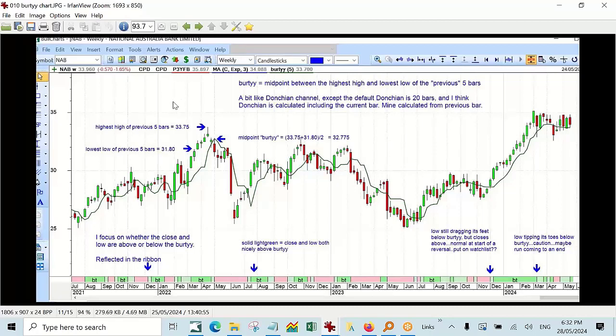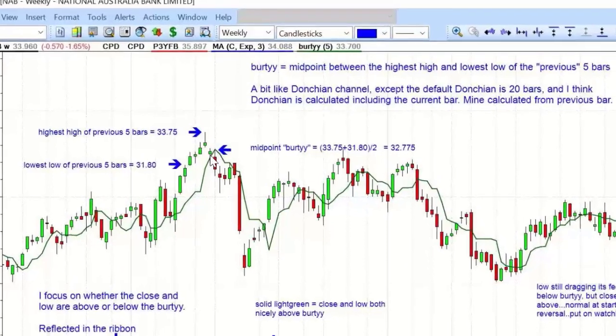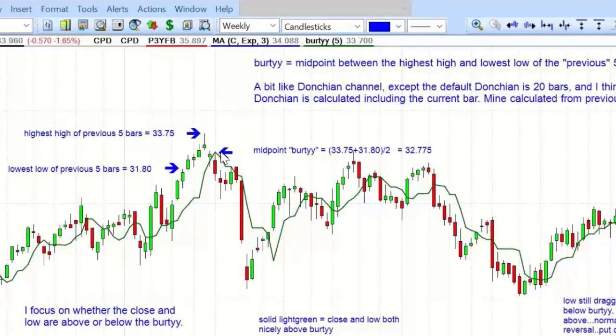The first incarnation I had of the Burtyy was on a daily basis, so I chose the figure 5 as a default because it represented the previous 5 days in a week's trading. So as an illustration of it, these are the previous 5 bars where that arrow is.